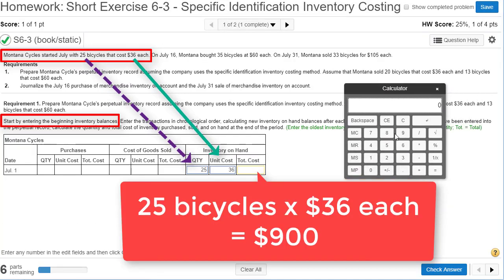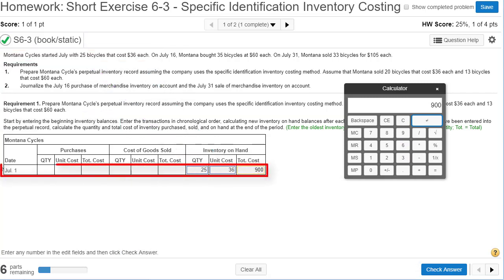So that's going to be 25 times 36 equals $900. So what this means is on July 1st, they had 25 bicycles that cost them $36 each, and the total cost is $900.